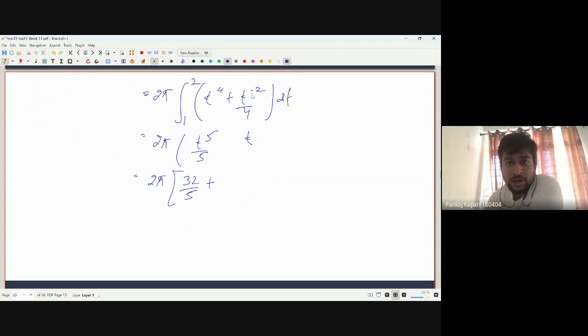So if you integrate t to the power minus 2, you have t inverse divided by minus 2 plus 1, which is minus 1, and divided by 4. This we have to take limit from 1 to 2.